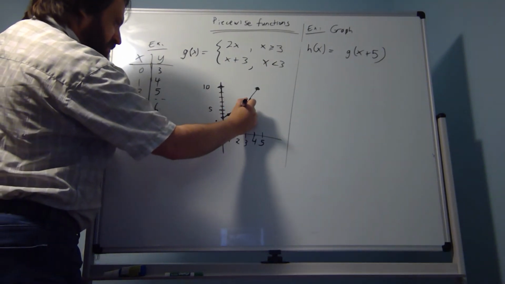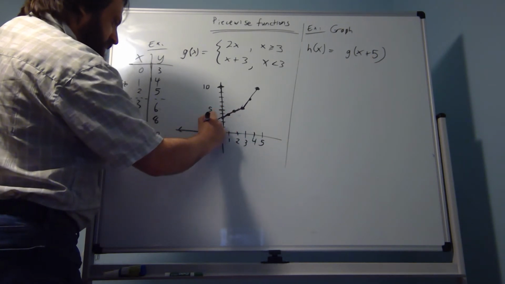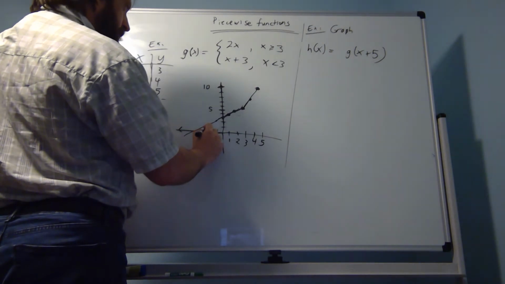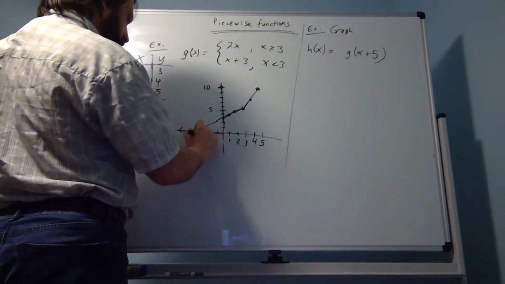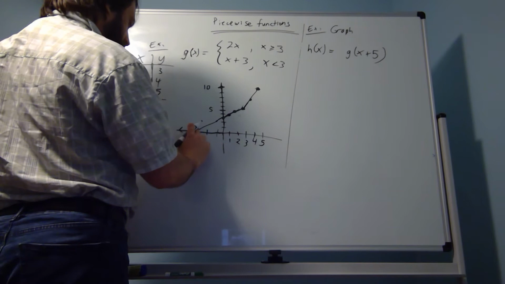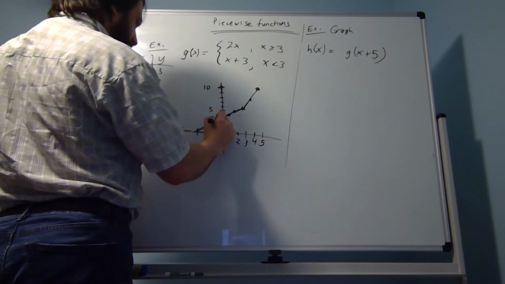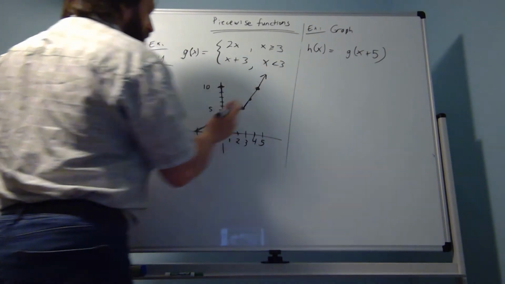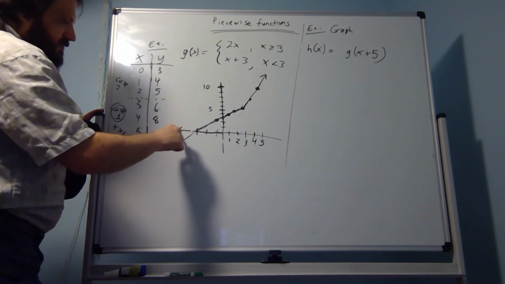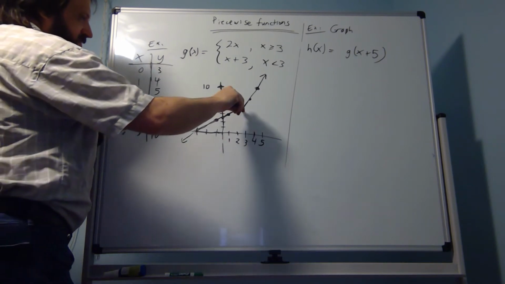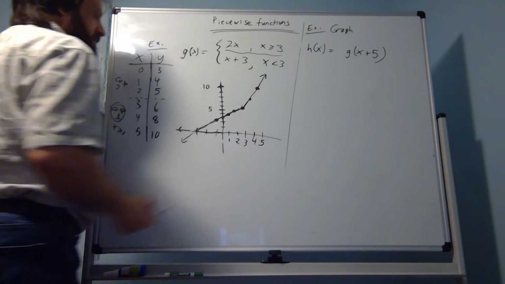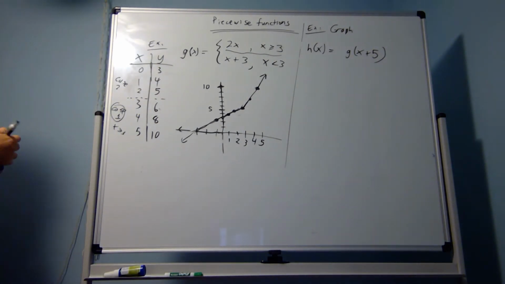This pattern really is just a line that keeps going. Somewhere around here is where it would actually cross. But anyways, the range looks like it keeps going because it's a positive slope, and then it's steeper. Once x is at least 3, it's also sloping upward but faster. So the domain and range looks like it's basically everything.